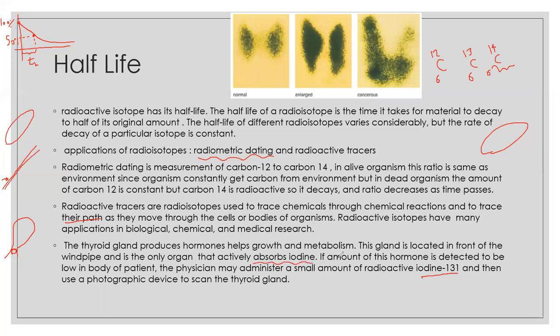If you suspect that you are not producing enough thyroid hormone, the physicians administer a small amount of radioactive material, and they take an image and scan it. As you see, here a normal thyroid, here it is enlarged, here it is cancerous. According to that picture, they can understand if something is wrong with the thyroid gland.